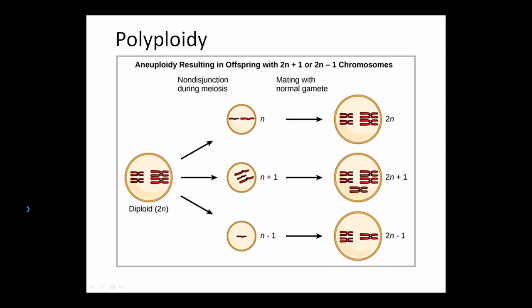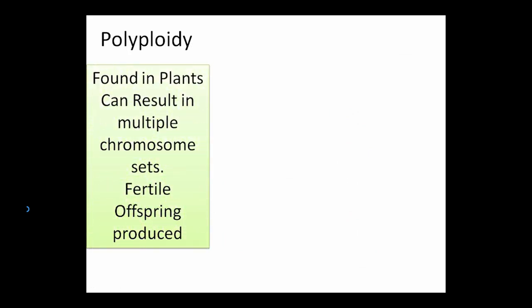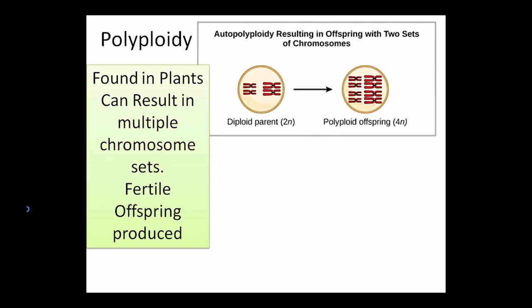So with plants, what we see is two forms. We can get multiple chromosome sets, and because each chromosome has a pair, you get a fertile offspring that's produced. So with autopolyploidy, we're going to get offspring with two sets or multiple sets of each chromosome. So the original number of the parent was diploid.